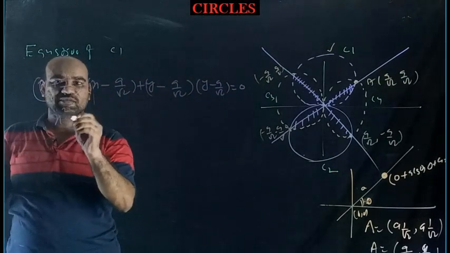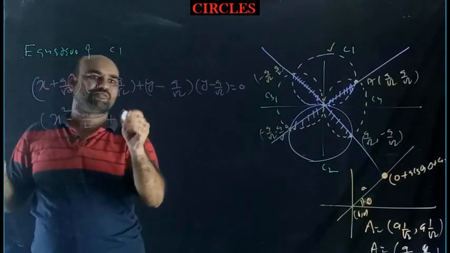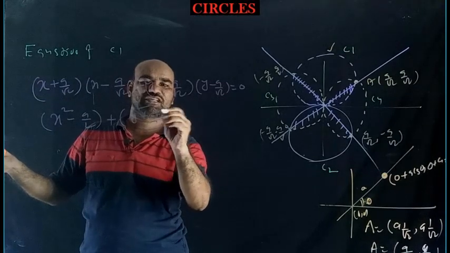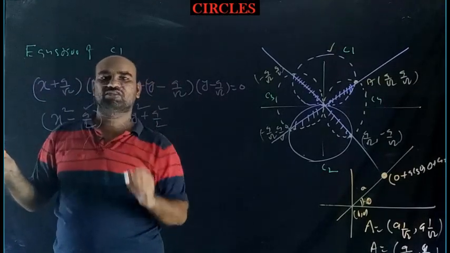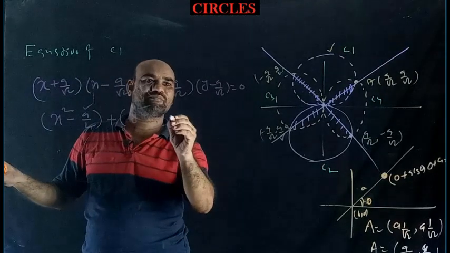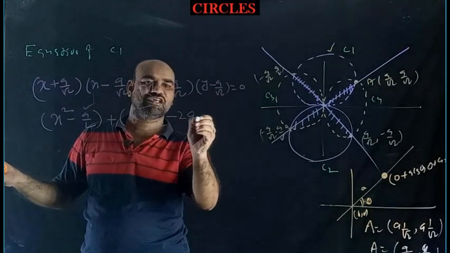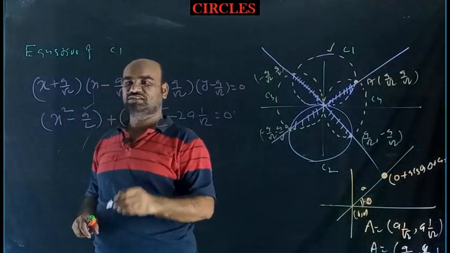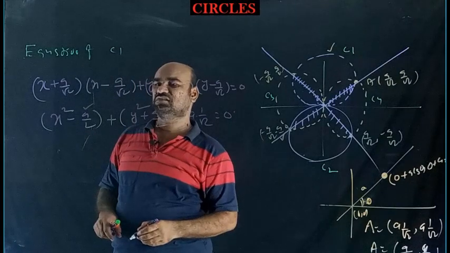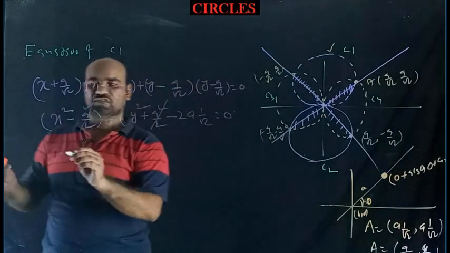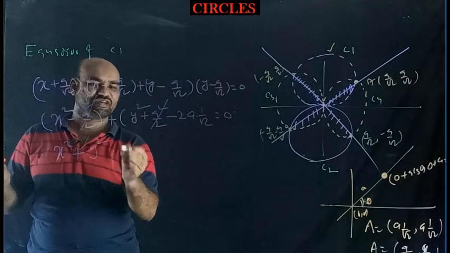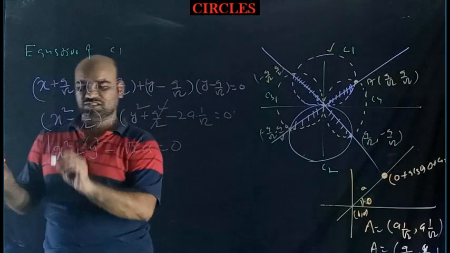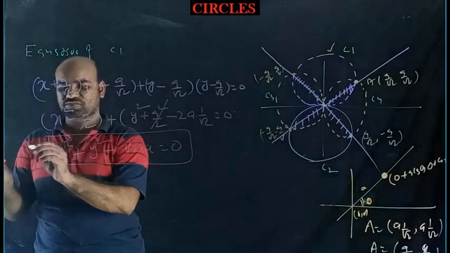This is x square minus a square by 2, plus y square minus a square by 2, and I think here also a square only, minus 2a into 1 by root 2 equal to 0. These two get cancelled. So x square plus y square minus root 2 a y equal to 0. This is the equation of circle C1.